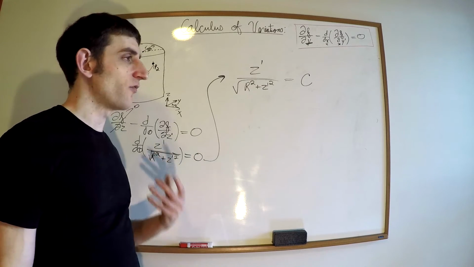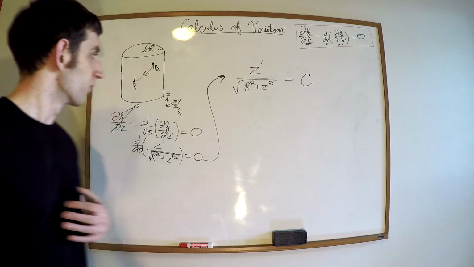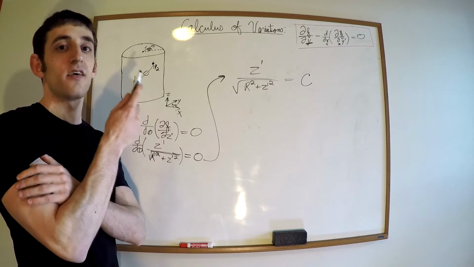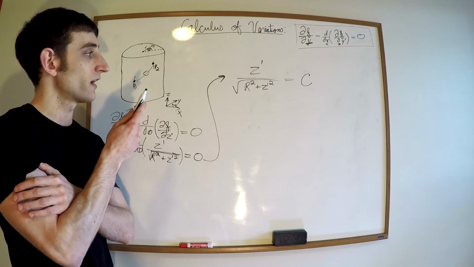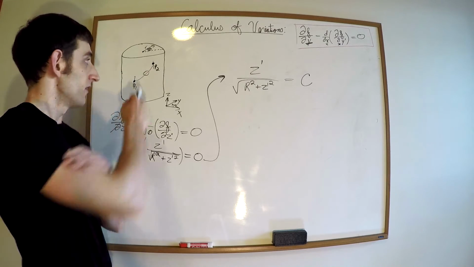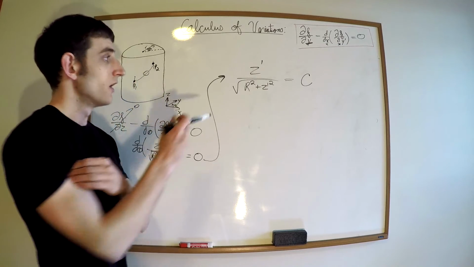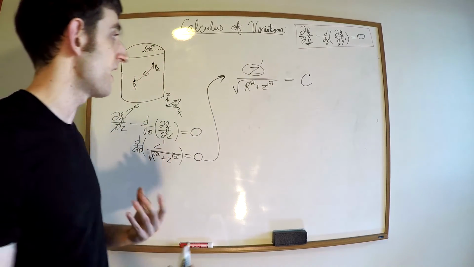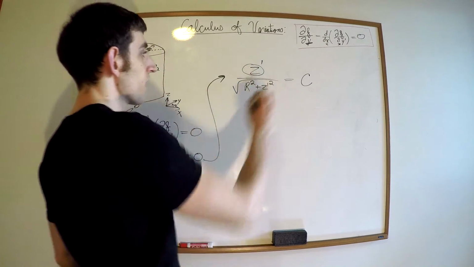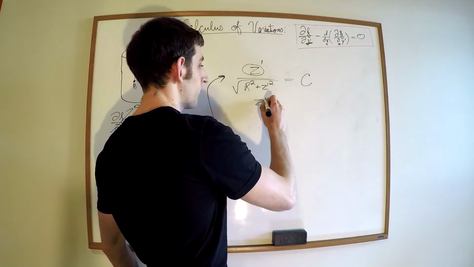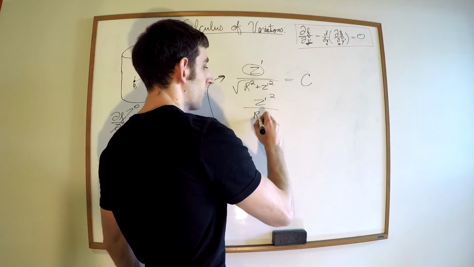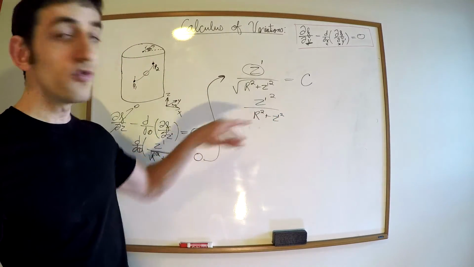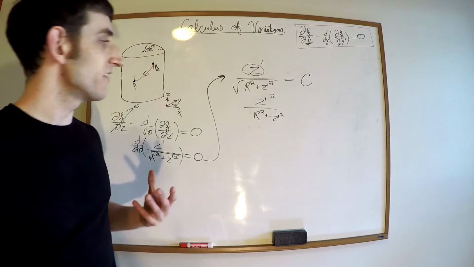Well, you have to ask yourself what you're trying to do. We're trying to find the path between these 2 points that minimizes the distance, so we're trying to find that path, z(θ). We're trying to solve for z, so we have to isolate z somehow. We can square both sides. We end up with z' squared over r squared plus z' squared. That's great. We have 2 z' squared terms, so maybe we can isolate them.